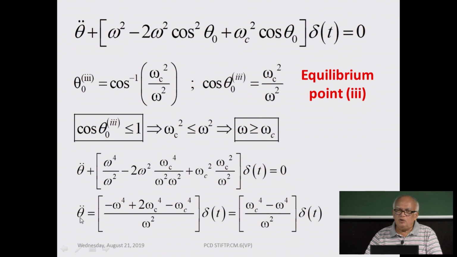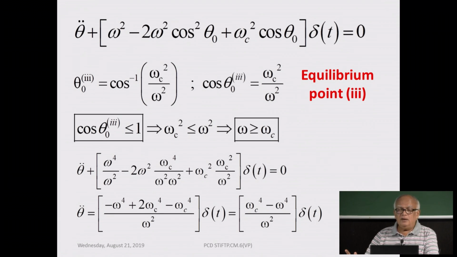You put this value over here and then you simplify this, and you see that this is the second derivative of theta, which is going to give you the nature of the equilibrium. Whether it is a stable equilibrium or an unstable equilibrium is going to be determined by the sign of the second derivative of theta. So, this term is omega c square minus omega square, and obviously below omega c and above omega c, this has got a different sign.